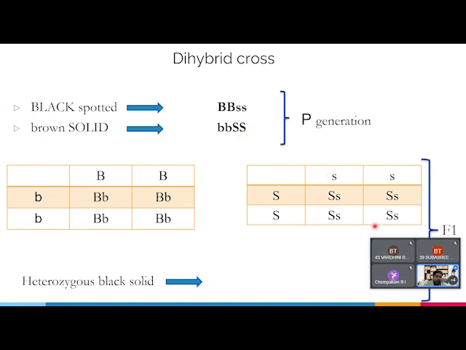Cross all of them, and we have heterozygous solid in the next generation. This is the genotype of all the F1 generation animals, capital B small b, capital S small s, and these are heterozygous black solid mice. So this was the entire Punnett square analysis. Anyone wants to ask anything from this?